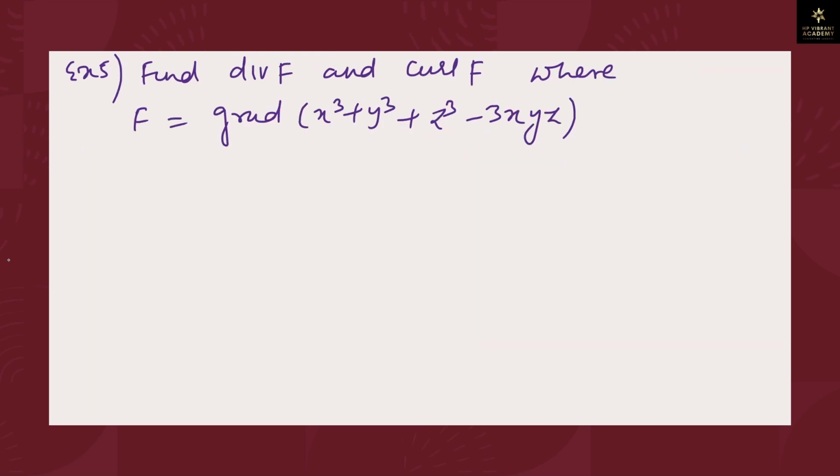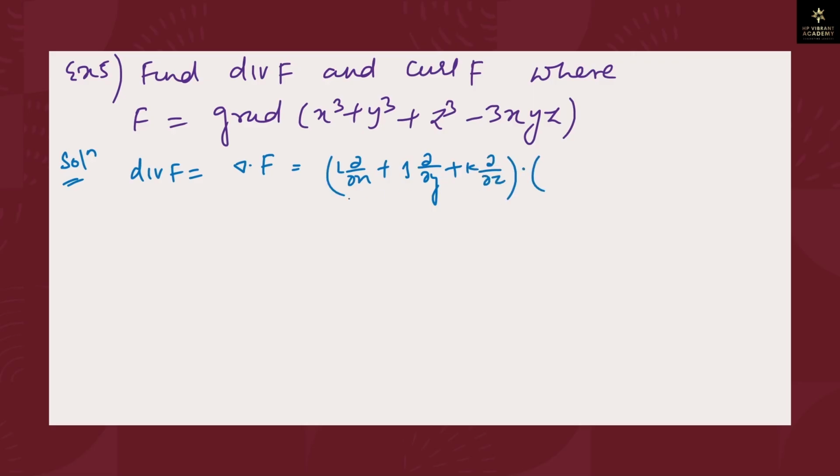Let us solve question number 5. How we can find this? So we have to find the divergence of f and curl of f. Okay, so divergence of f is equal to del dot f. Let us expand this del operator. This is i del upon del x plus j del upon del y plus k del upon del z, dot product with, let us assume that vector f has f1 i cap plus f2 j cap plus f3 k cap.